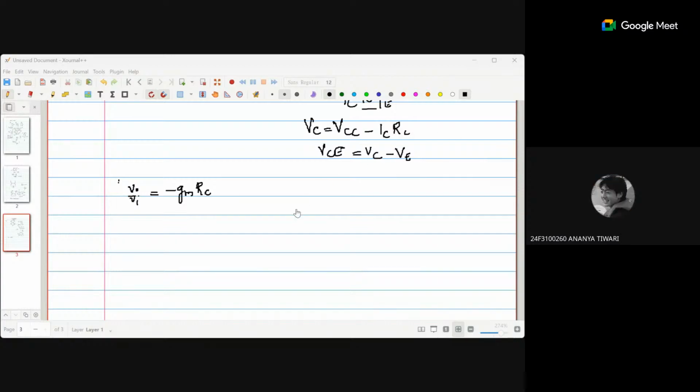The first question is about the ammeter, but there is a question about VC also. But for that VCC should be given, but it is not given. Question number 9.